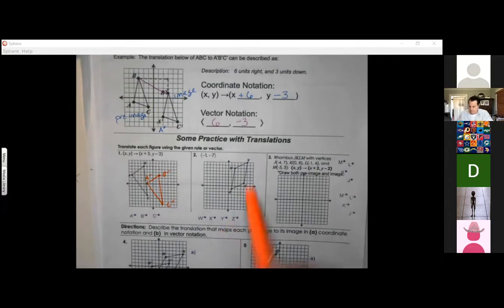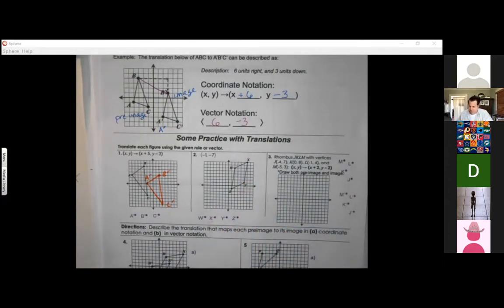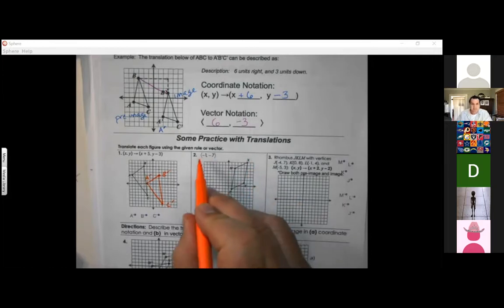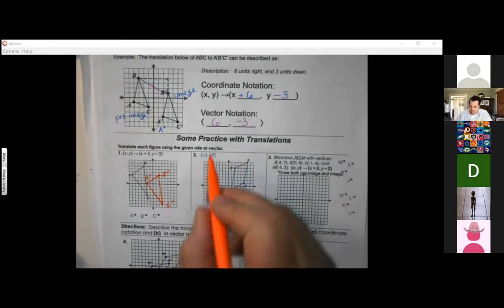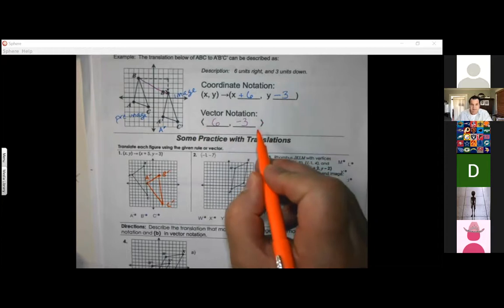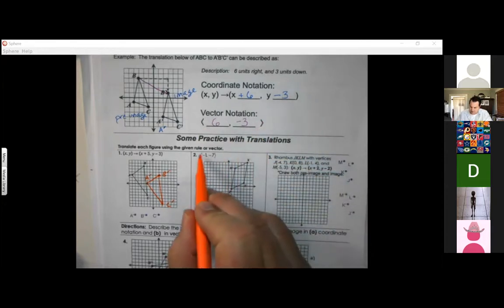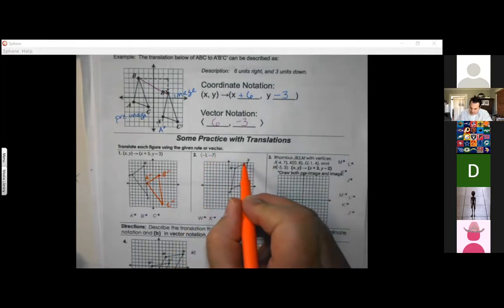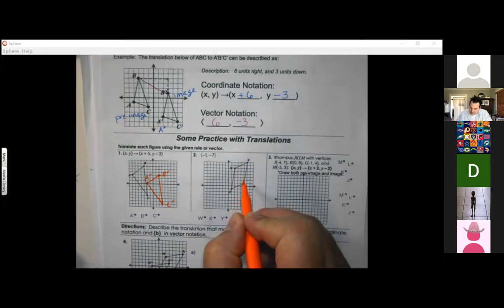Okay, here's the next one. We're given this parallelogram, it looks like, and this time it's in vector notation. So it's got these crazy little bent brackets, but it tells me that my X value is moving 1 to the left, and then my Y value is moving 7 down. 1 left, and then 1, 2, 3, 4, 5, 6, 7. Oh, that's awkward.